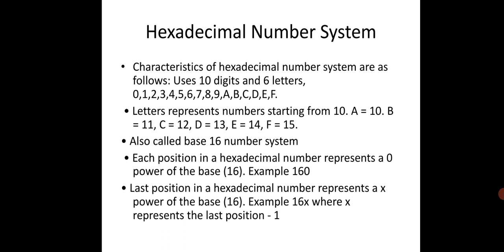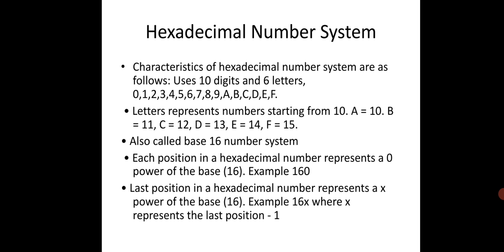The next and the last number system is the hexadecimal number system. Characteristics of hexadecimal number system are as follows. It uses 10 digits and 6 letters. You can see 0, 1, 2, 3, 4, 5, 6, 7, 8, 9.